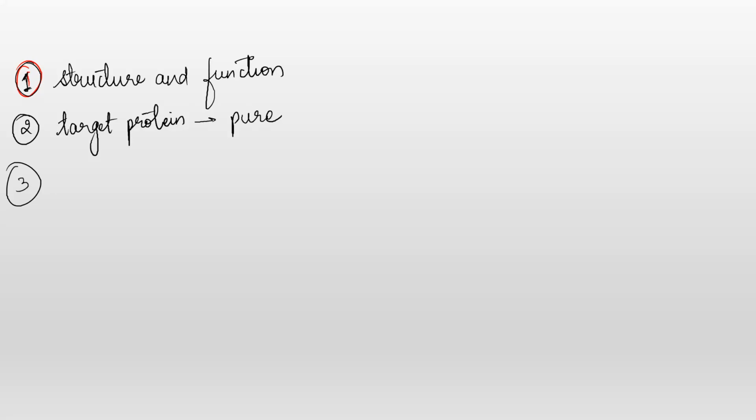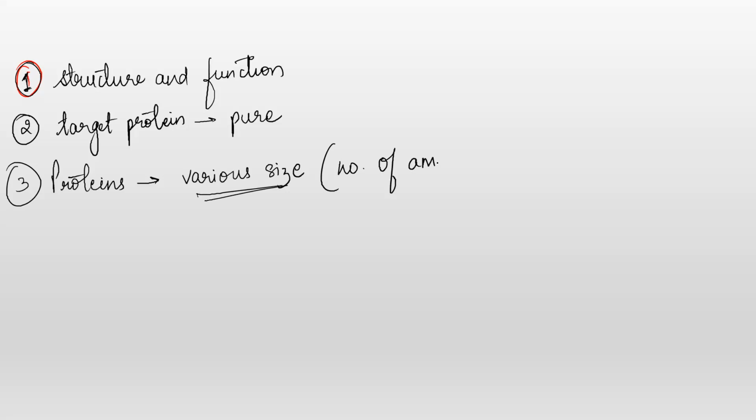The reason for isolation is to separate it, or to remove all the other material apart from your target protein. Now, the proteins in the mix are of various sizes. Who decides the size? The number of amino acids. The number of amino acids also decides the charge on the particular protein.